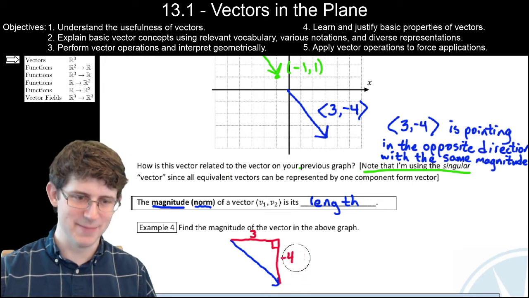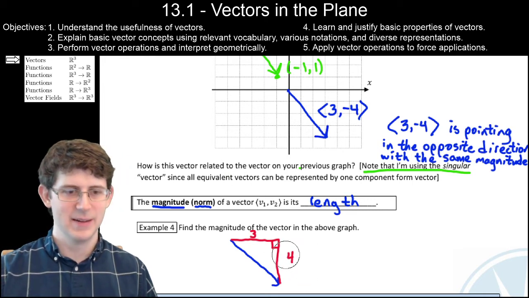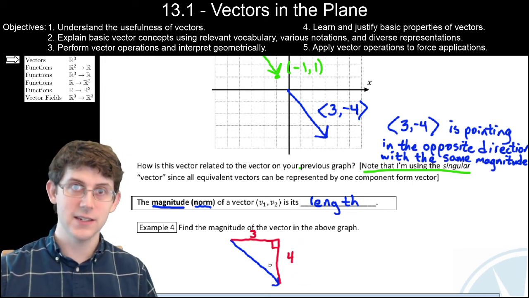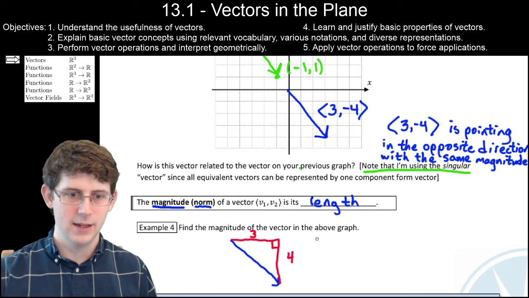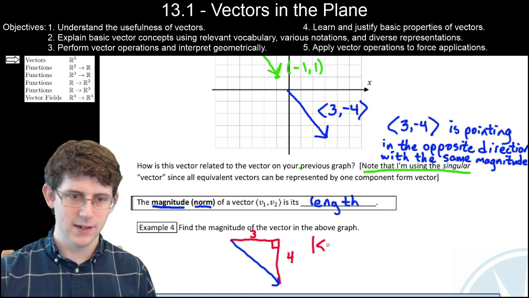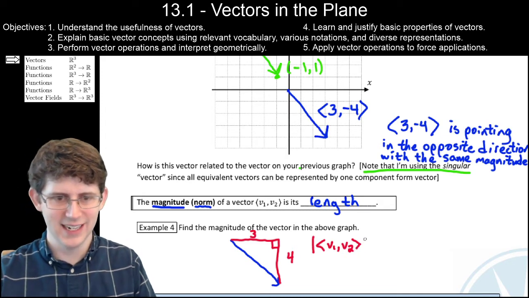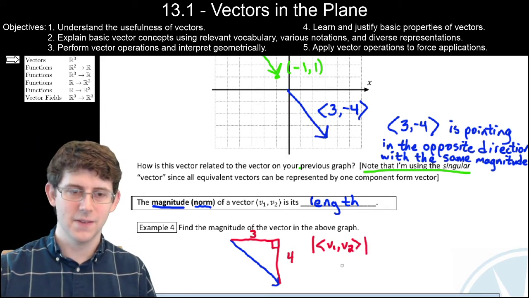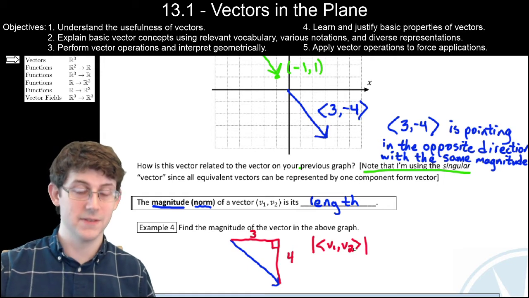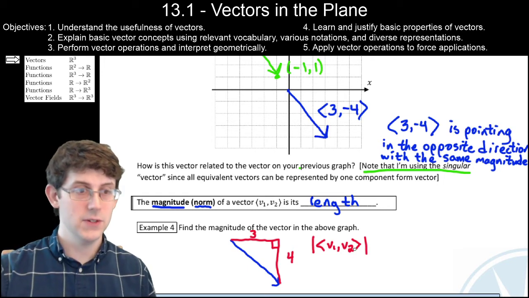That side length is not -4. That doesn't really make sense. But to find the length of this vector, you just use the Pythagorean theorem. You write magnitude this way, with vertical bars around it. So you draw the vector and put vertical bars around it. The vertical bars find the magnitude of an object. You've used this before.